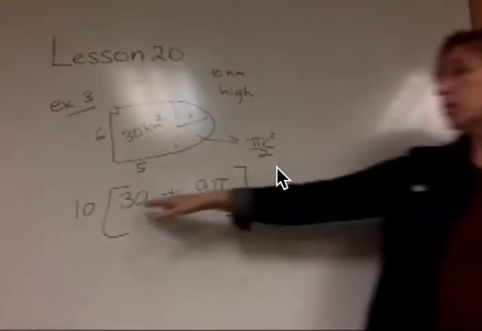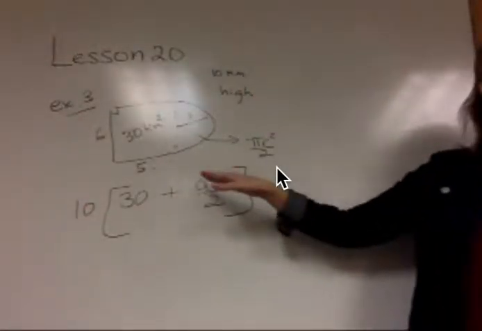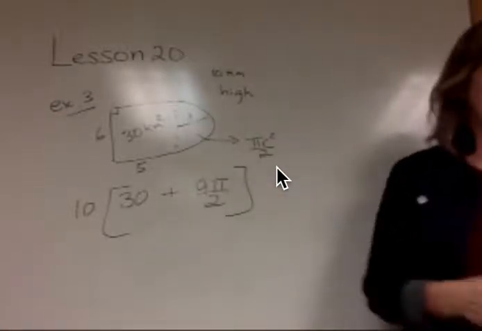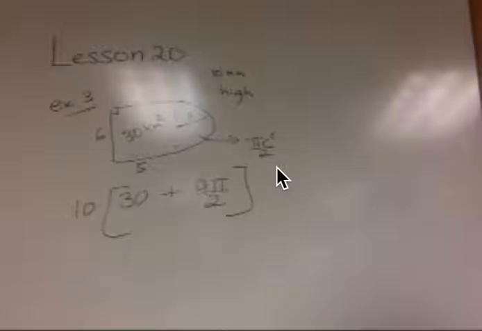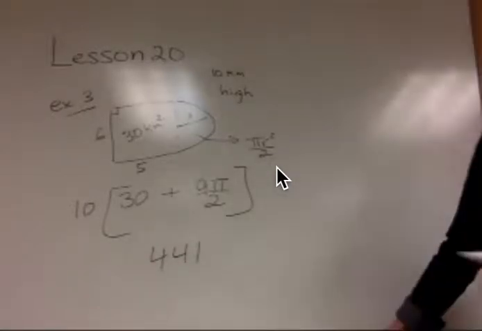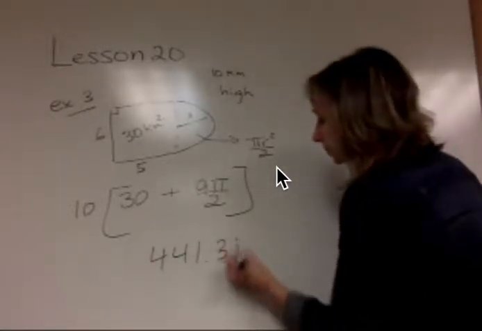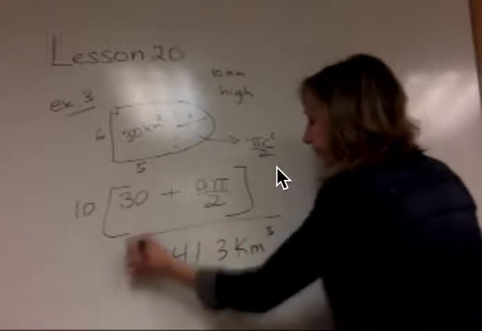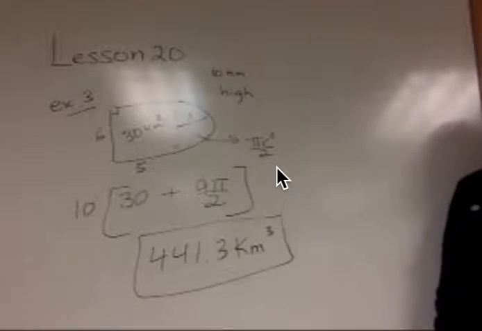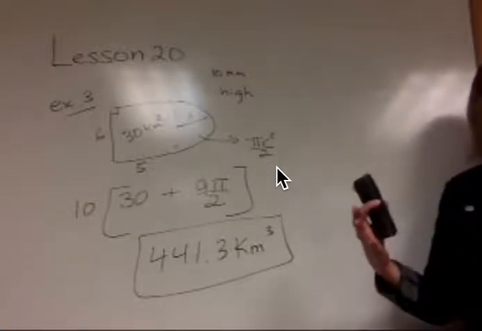You're just going to put 30 plus 9 halves times 3.14 times 10. And to save time, I'm just going to look this up. It's going to be 441.3 kilometers cubed. Like that. All right? You guys tracking with this? Pretty easy, right?